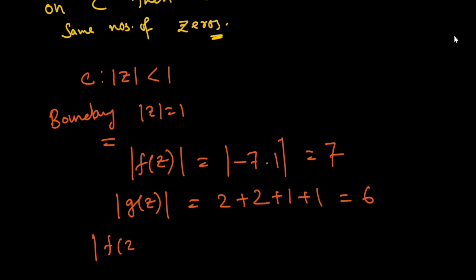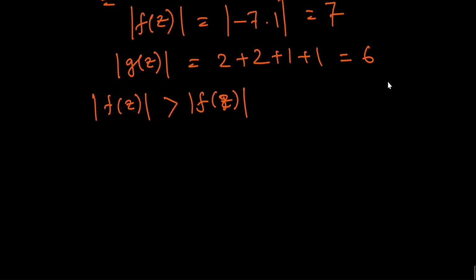Clearly mod of f(z) is greater than mod of g(z) at the boundary. So this means f(z) and f(z) plus g(z) have the same number of zeros.